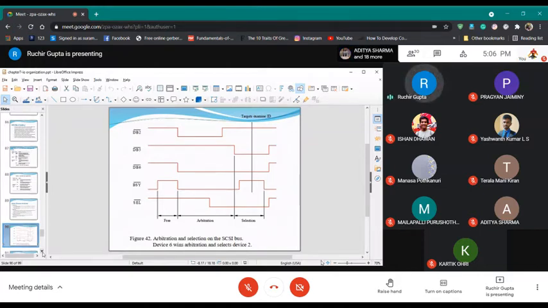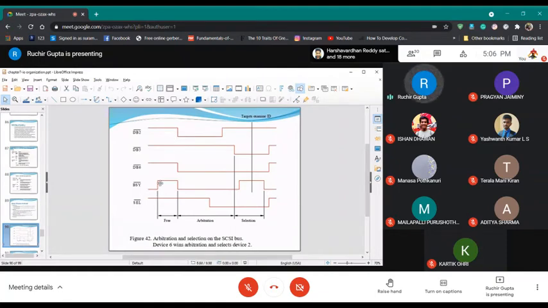So whenever a busy signal is asserted, devices see what other devices are connected. For example, here DB2 and DB6 are contending. This phase is the arbitration phase.